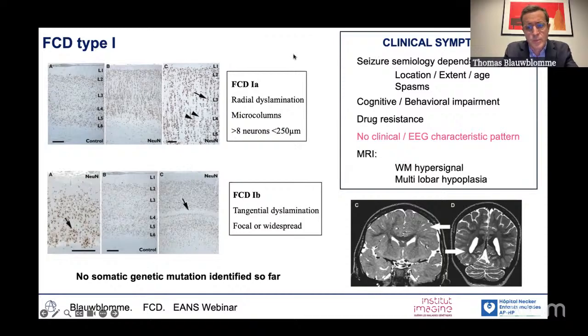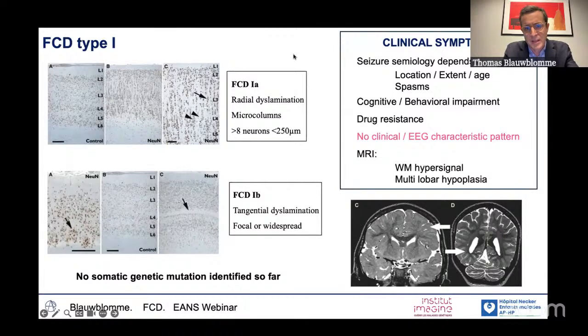And one of the main points is that this disease is not very well limited, both on the imaging, on the histology, but also during electrophysiology. What is really important is that often these diseases are pretty widespread, expressed early during development, and encephalopathy with spasms may be one of the clinical expressions of this disease.